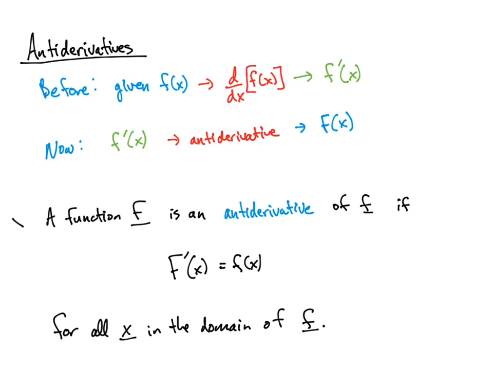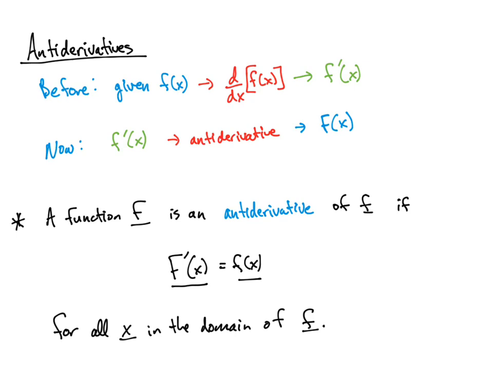Alright, so what we say is a function, here I'm writing this as capital F, is an antiderivative of lowercase f if F prime of x is equal to f of x for all x in the domain of lowercase f.